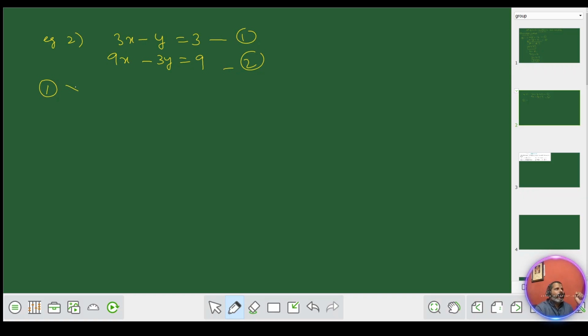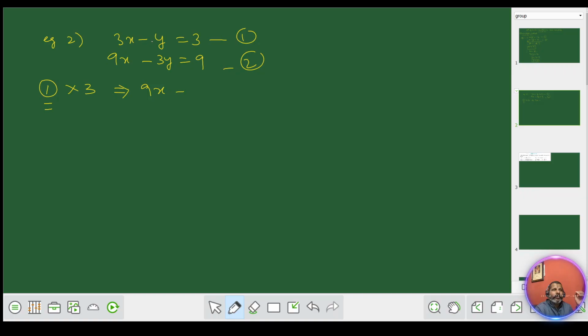See, 1 into 3. Here 1 means the first equation. We are making the y coefficient the same here. The y coefficient in the other equation is 3, so we multiply by 3. We get 3 into 3, 9x, minus 3 into 1 here.